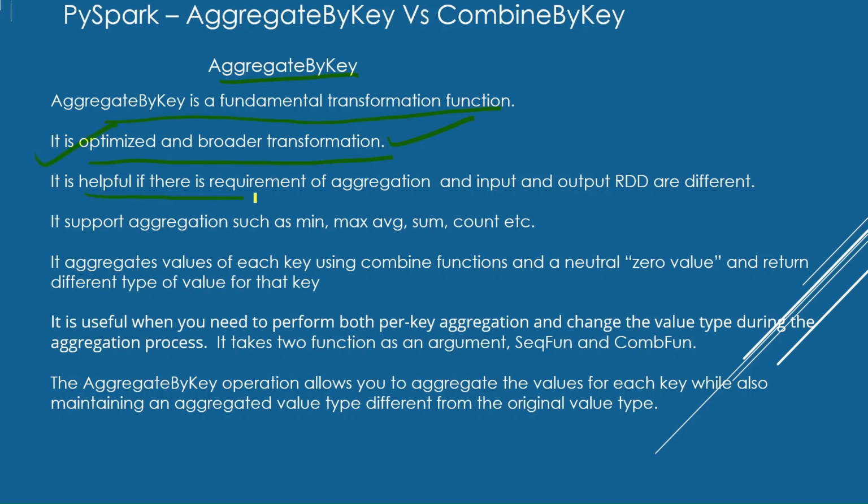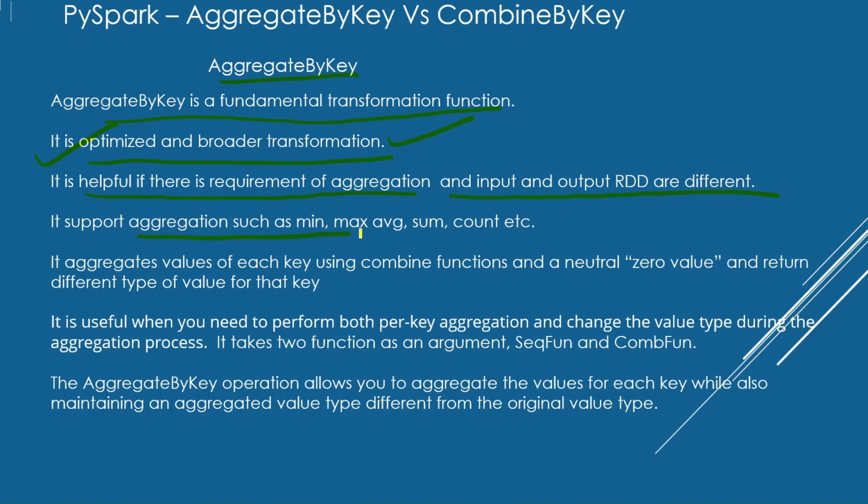It is helpful if there is a requirement of aggregation where the input and the output are different. Suppose there is an RDD present in one format. We use aggregate by key, and if you want the output in a different format, then we need to use aggregate by key.